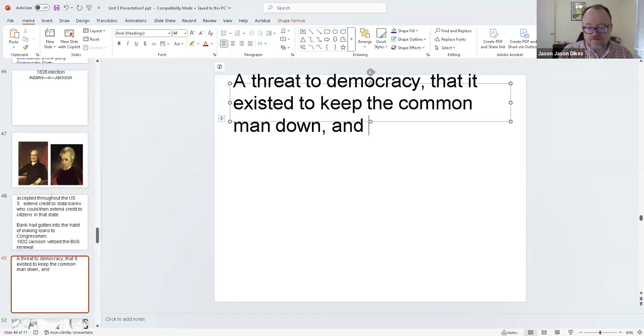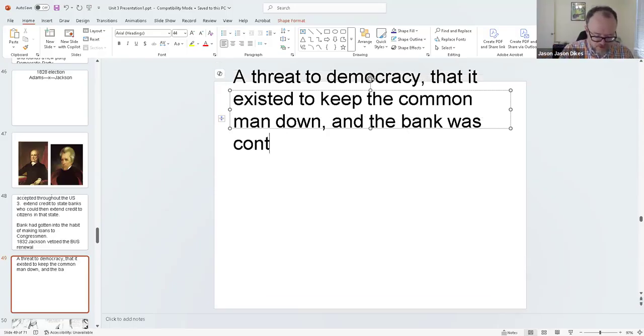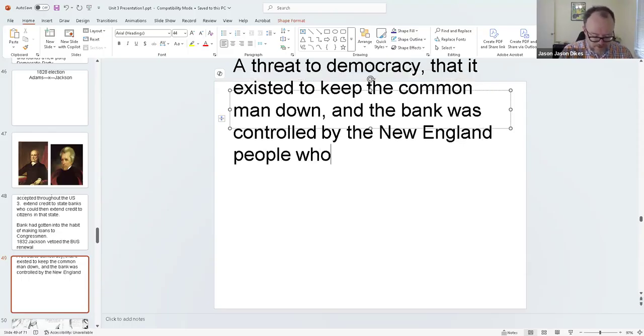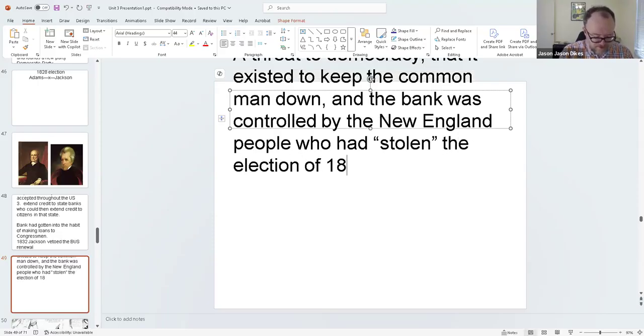And on a personal level, because again, sometimes Jackson is striking from political ideology, and sometimes it's a personal beef. The bank was controlled, now he did not say this part out loud, by the New England people who had stolen, his words, the election of 1824 from him.